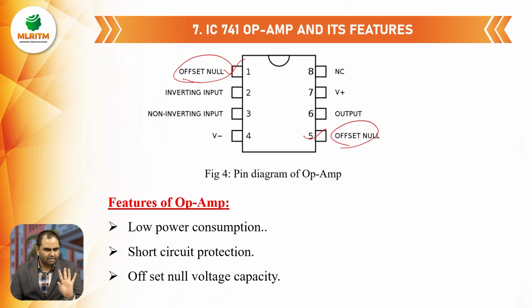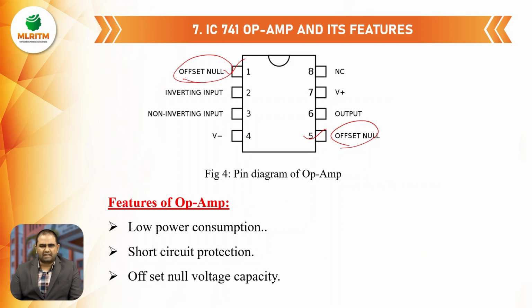But if it is generating any other value, maybe a positive or negative non-zero value, that means there is some little bit of damage, or the electronic device is not functioning properly, that we can conclude.